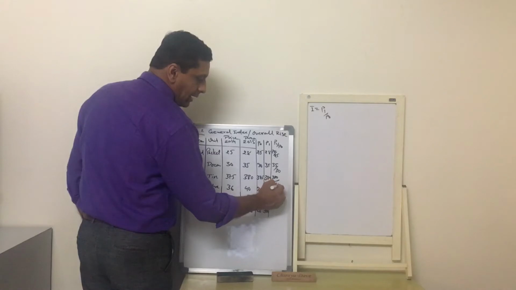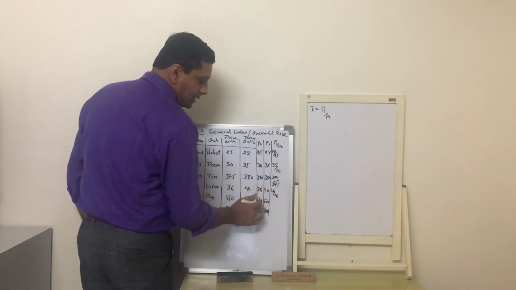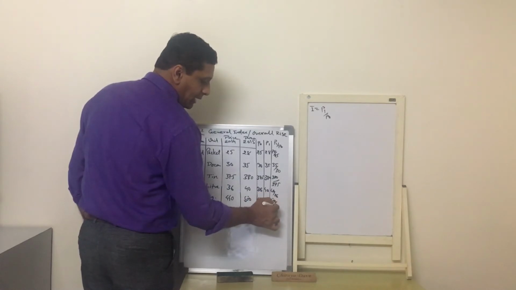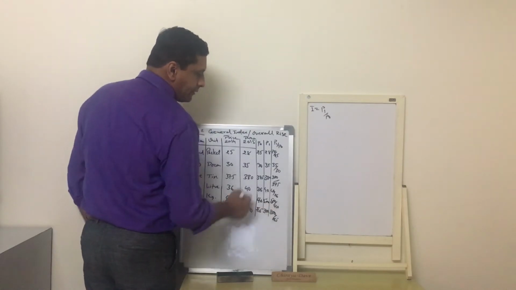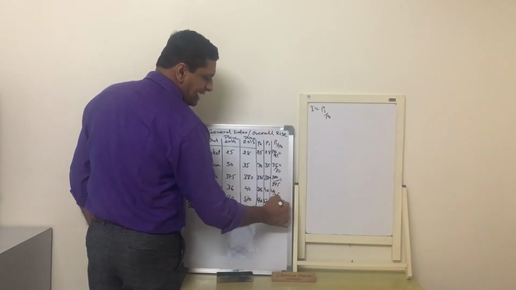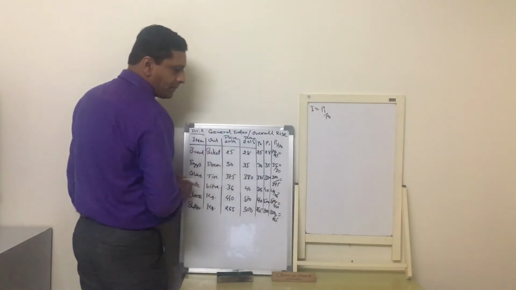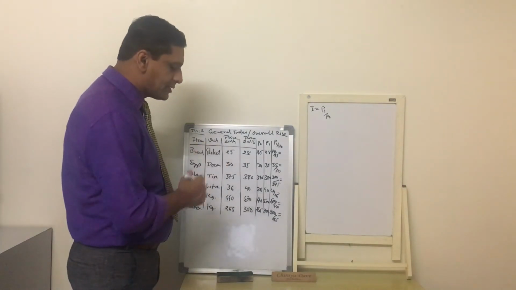Let's see what it gives us. New divided by old. If you do this, what's going to happen? It's going to give you some fractions, some small amounts. How can we arrange this number?